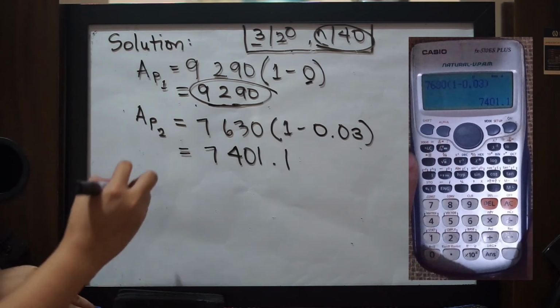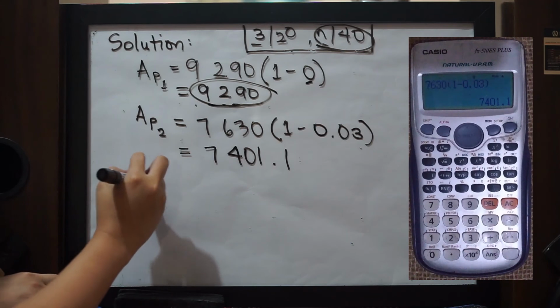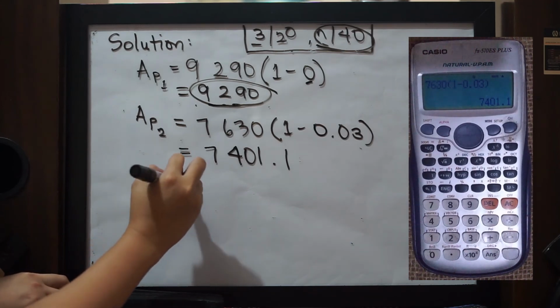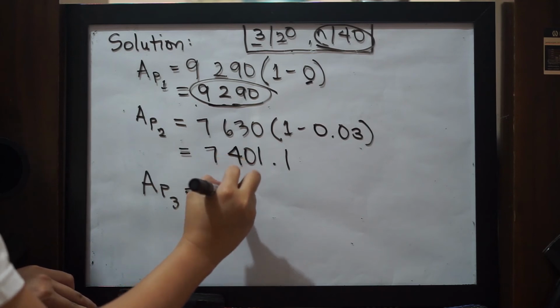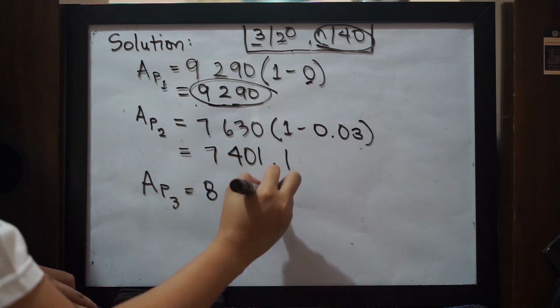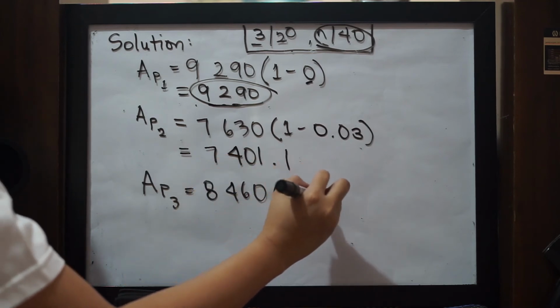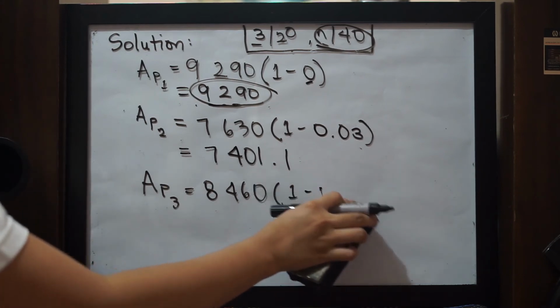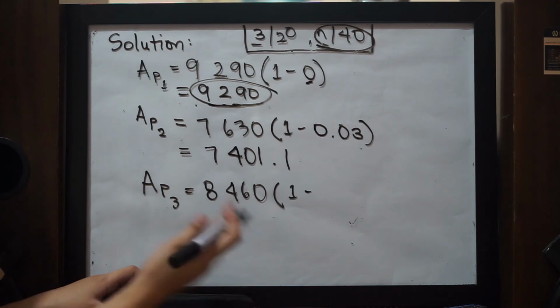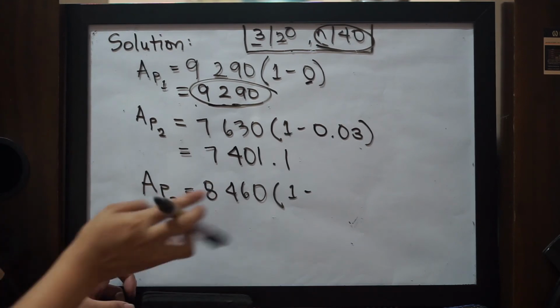So, next, we proceed with amount payable sub 3 with a net price equivalent to 8,460, multiplied by 1 minus D sub R. So, let's now look for the D sub R that we have to use for this third scenario.